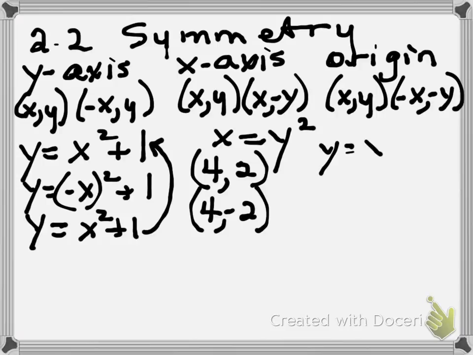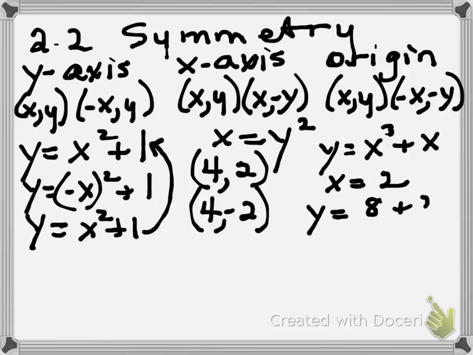Y equals x cubed plus x. And let's take a value where x is equal to 2. If I take 2 cubed plus 2, I get y is equal to 10.